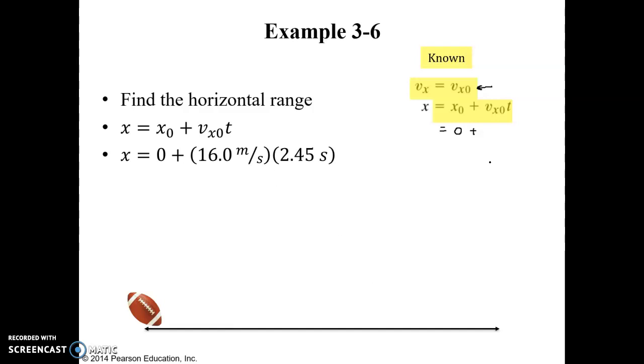That was 16.0 meters per second. And we just found time to be 2.45 seconds. So that's exactly what we have right here. X is 16 times 2.45, and that is 39.2 meters.